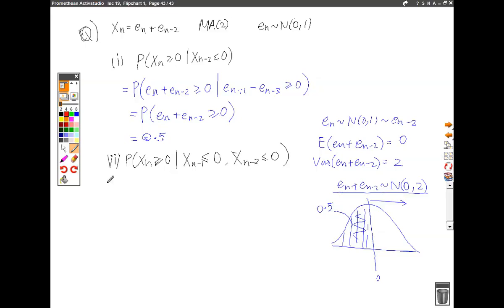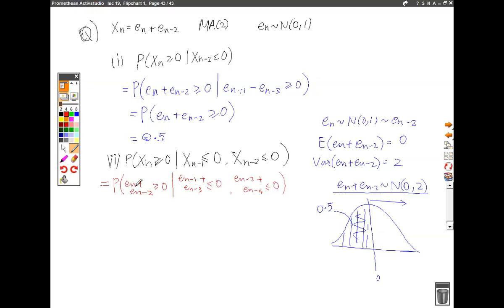So if I were to write this in probability terms and expand these xn's, what I will get is en plus en minus 2 being greater than or equal to 0, given that en minus 1 plus en minus 3 is less than or equal to 0, comma en minus 2 plus en minus 4 is less than or equal to 0.